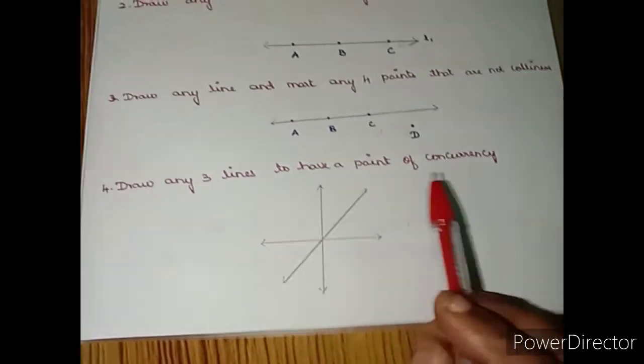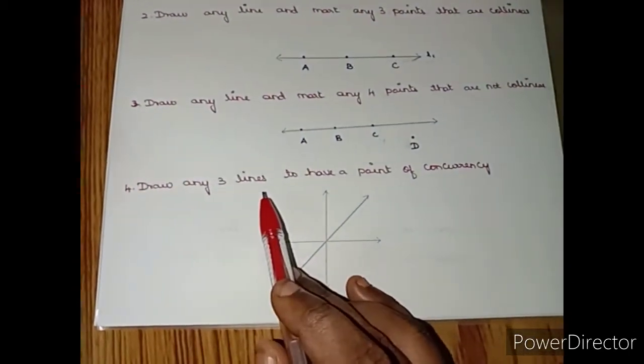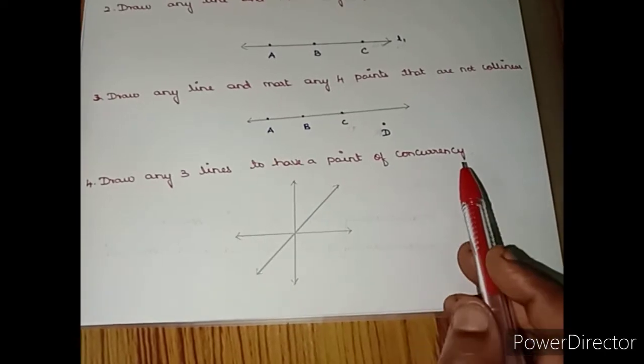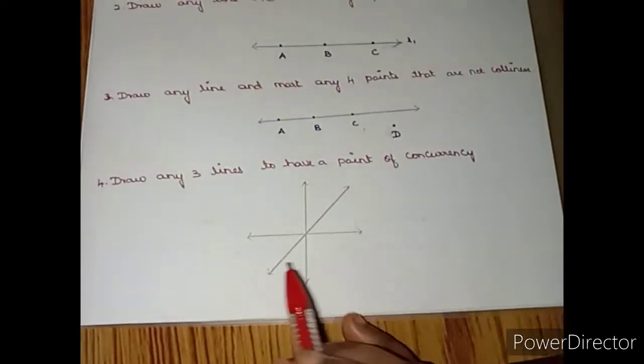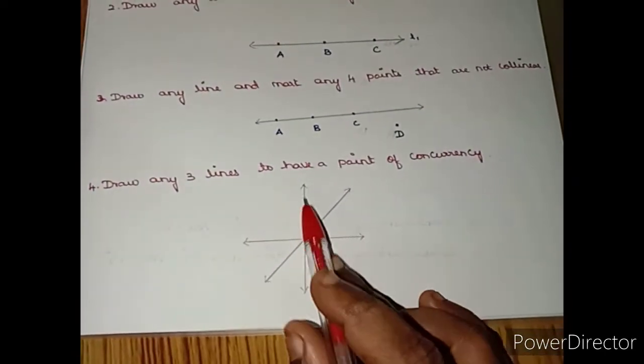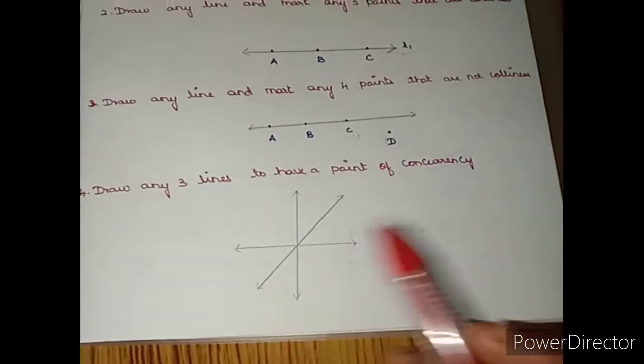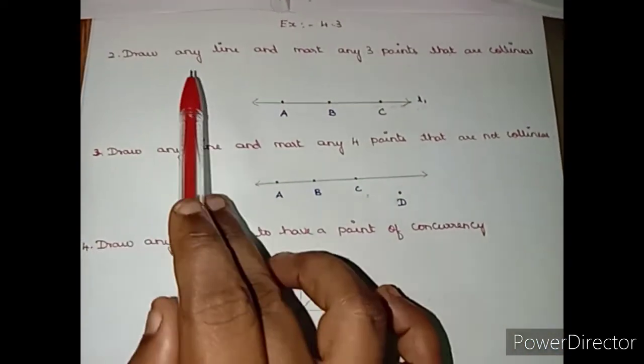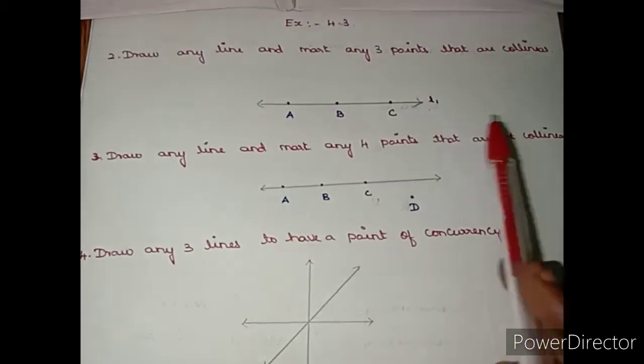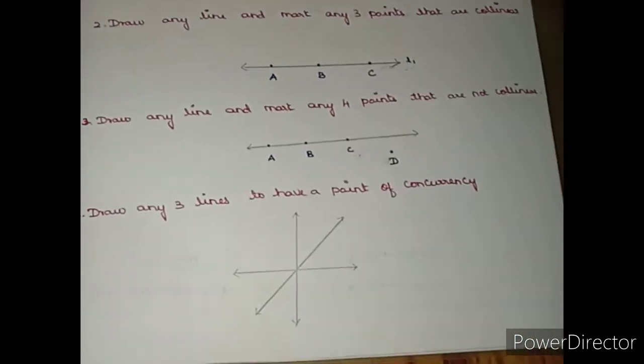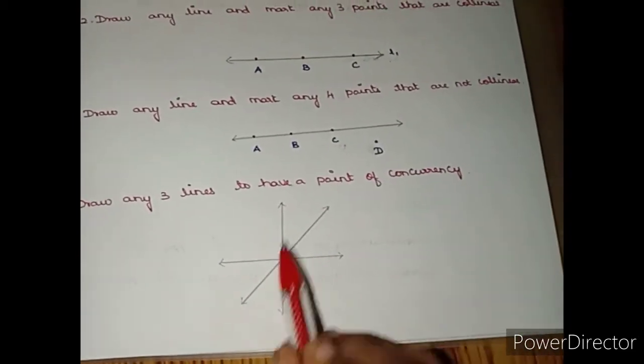See the next question. Draw any 3 lines to have a point of concurrency. I have drawn 3 lines. 1, 2, 3. They had said draw any line and mark collinear points, and I drew a straight line. But for concurrency, I have drawn 3 lines.